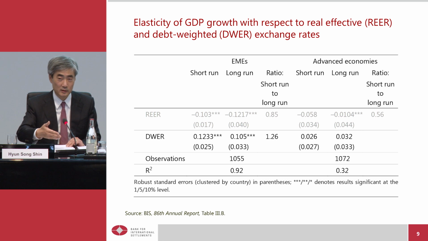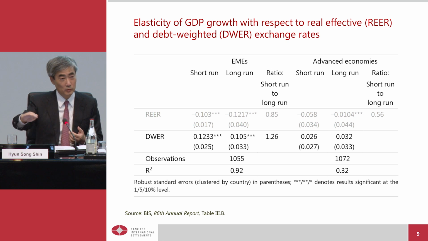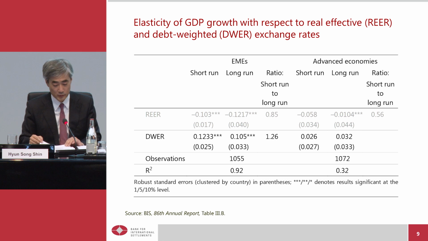The short-term effect seems to be larger than the long-term effect, which is to say, the short-term stimulus that comes from an exchange rate appreciation turns out to be larger than the eventual long-run effect on output. So this is very much consistent with the credit boom that may accompany a period of currency appreciation.